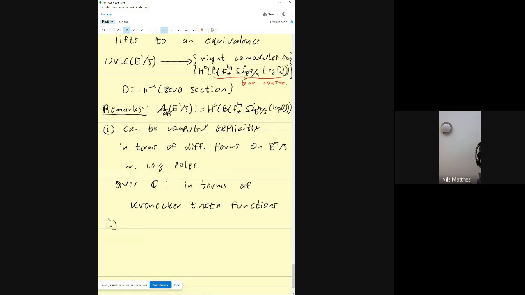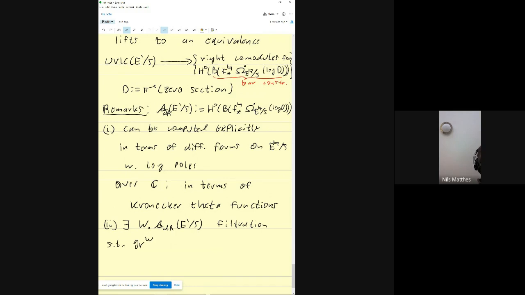It also relates to cohomology. So there exists an increasing filtration, W for weight, and its associated graded pieces can be identified with de Rham cohomology.